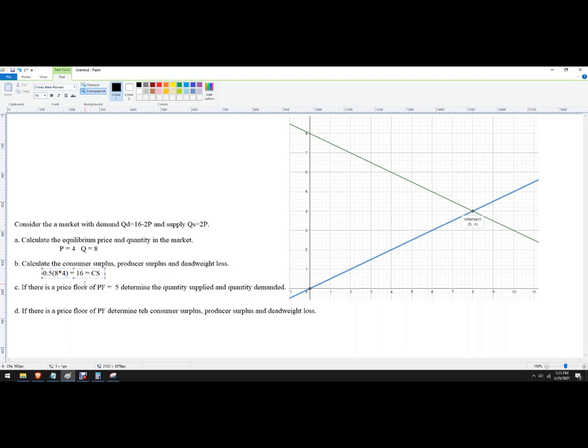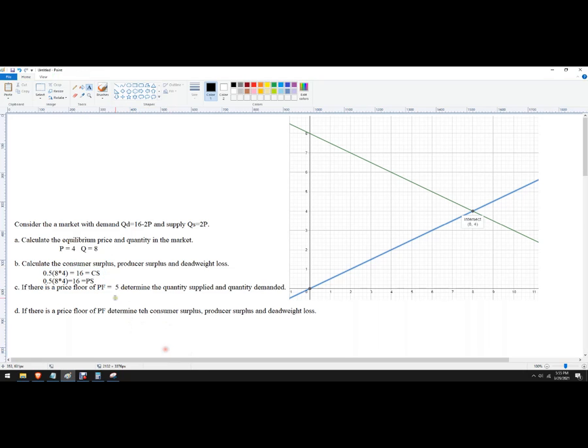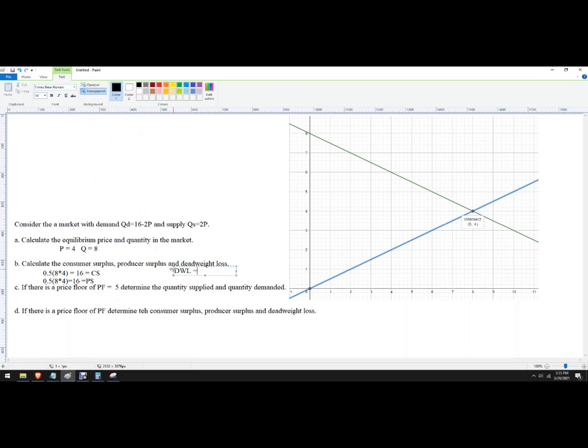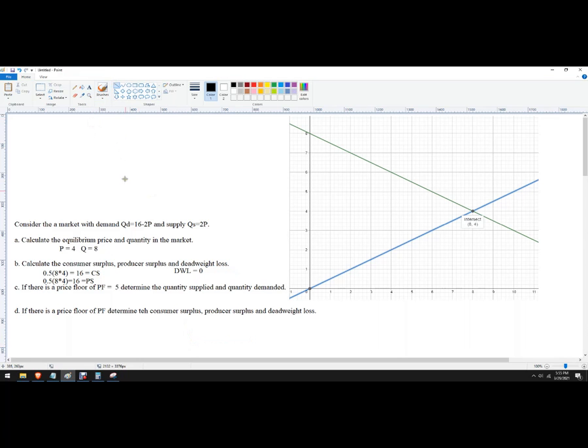It's actually the same answer for producer surplus. And because this market is at equilibrium, I don't have a deadweight loss. So my deadweight loss is going to be 0.